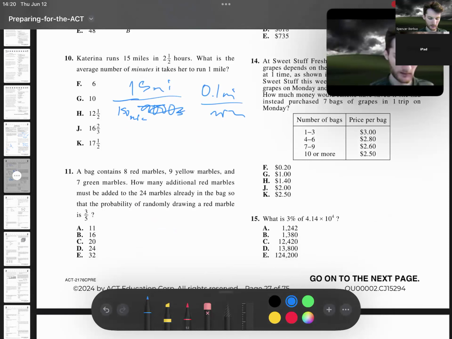The bag contains more probability. How many additional red marbles? So we have 8 already, and then you have 8 plus 9 plus that equals 24, right? Yes, all right, 24. So I need 8 plus x over 24 to equal 3/5.